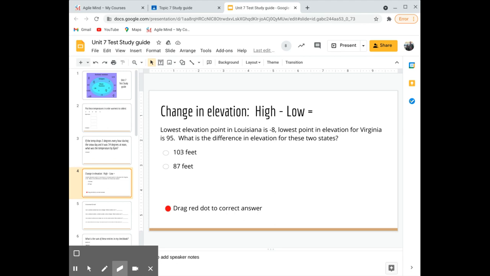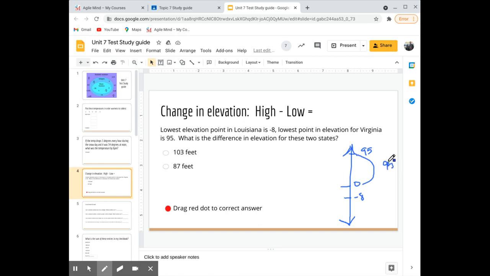So how would we find that? If we're thinking about a number line, and this is 0, this would be -8. And we'll say that this is 95. How many units is it from 0 to 95? Good.